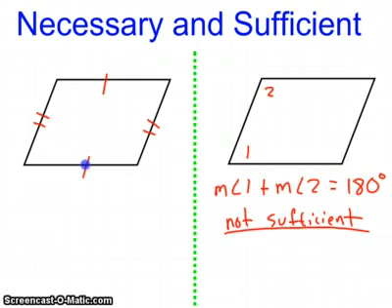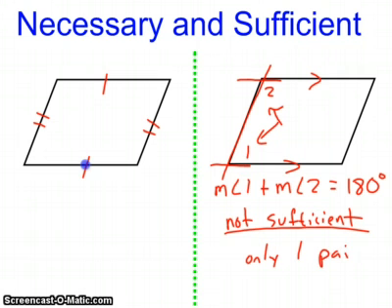Why not? Well, because with these two having a sum of 180, that tells me that for this transversal, I can say these are parallel, but that is not sufficient because that's only one pair of parallel lines.